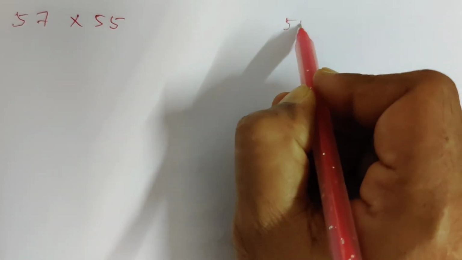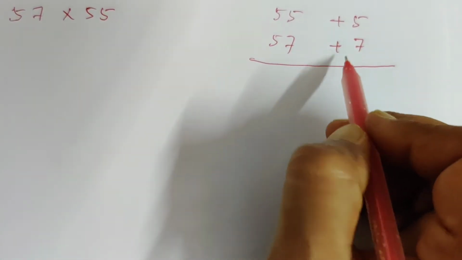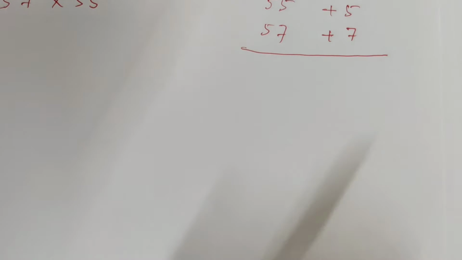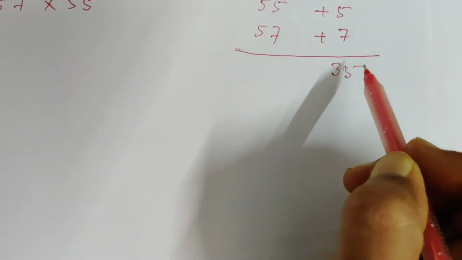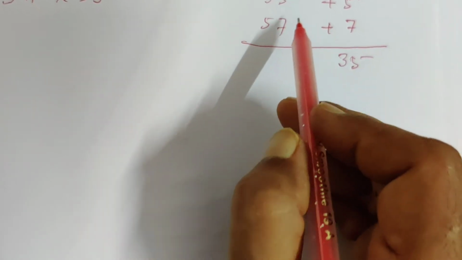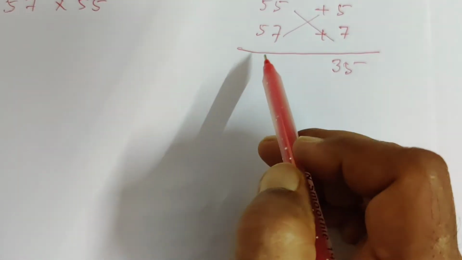If we take benchmark as 50, here we write 55, here we write 57. 50 plus 5 is 55. 50 plus 7 is 57. So doing just multiplication, 5 sevens are 35. And again addition, cross addition. Either you do this way or this way.